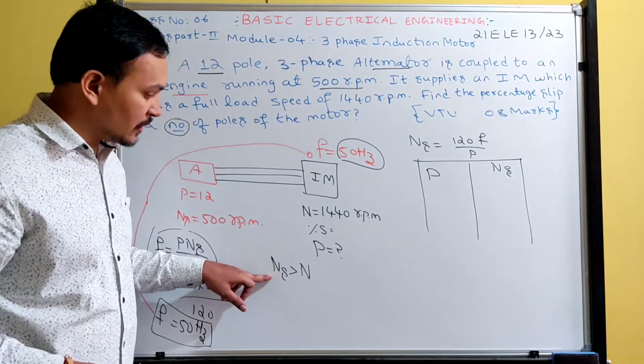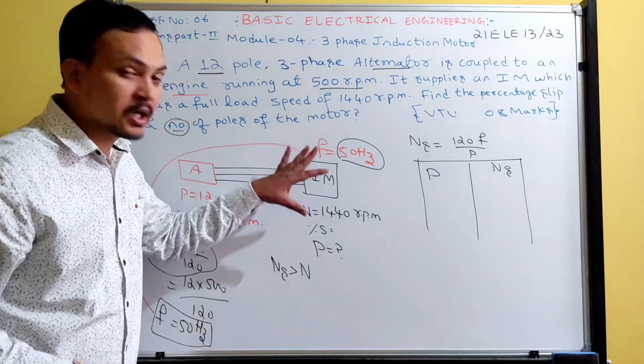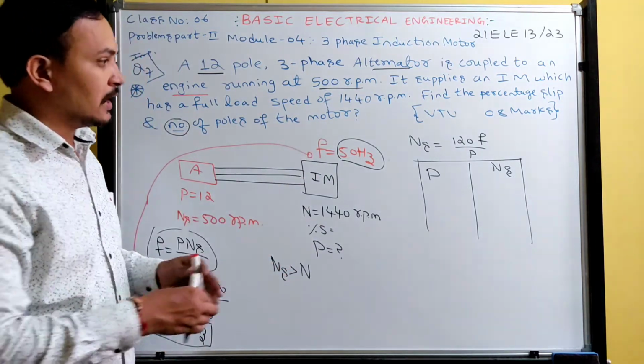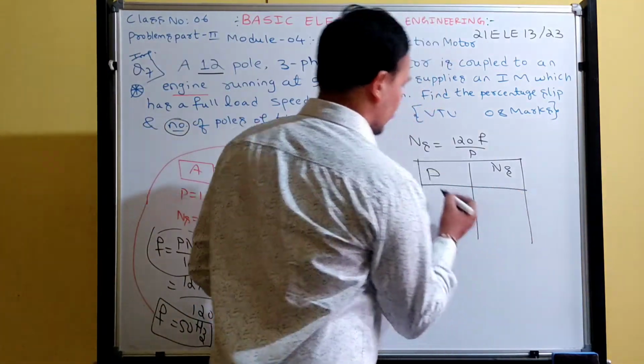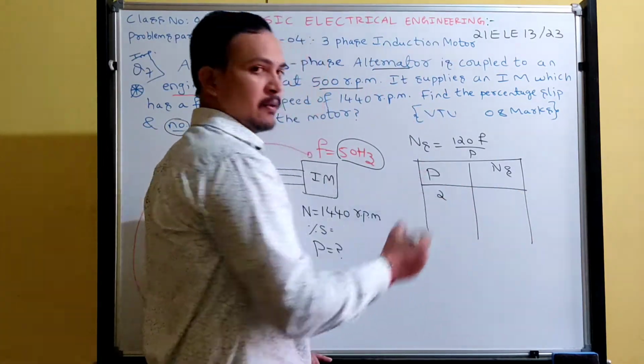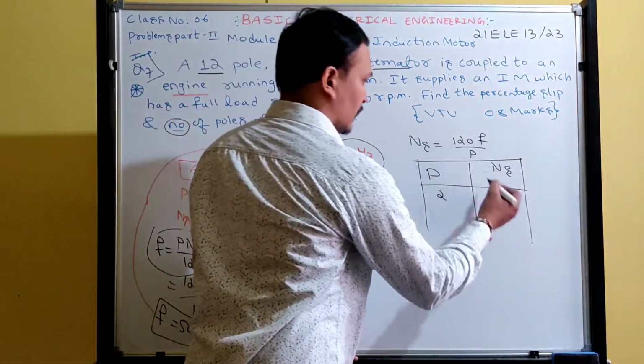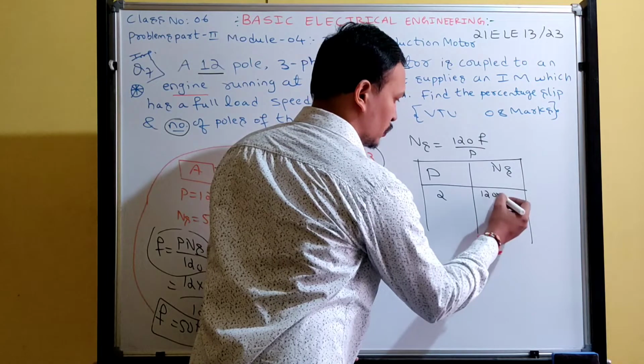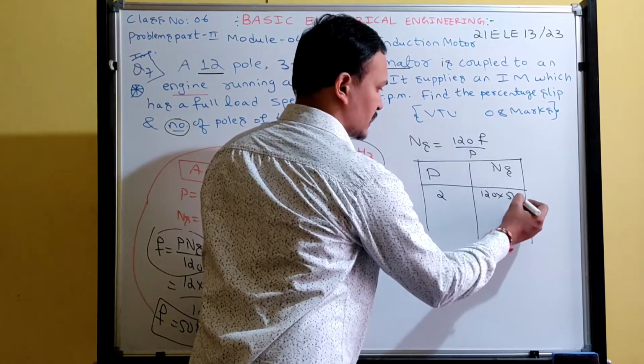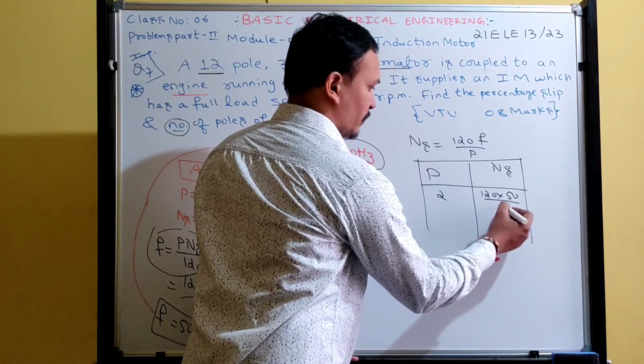You should get an Ns value more than that, then only this becomes an induction motor. So for that, I am assuming maybe 2 poles. It may have 2 poles. Now calculate Ns with 2 poles: 120 into frequency 50 divided by number of poles 2.